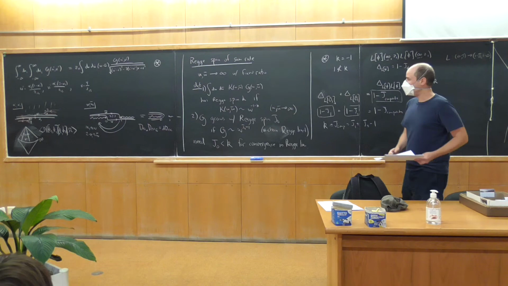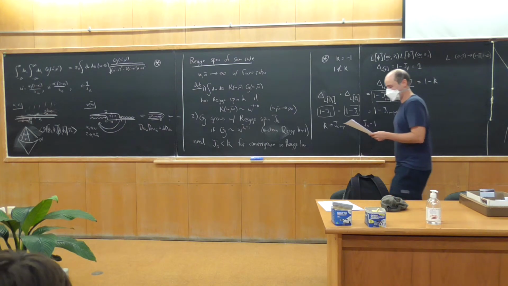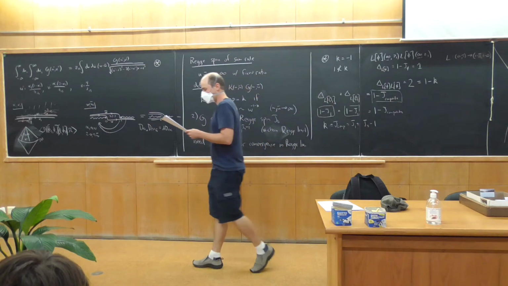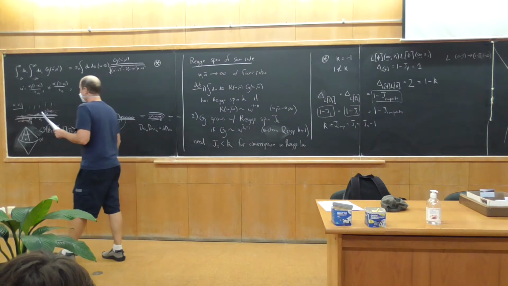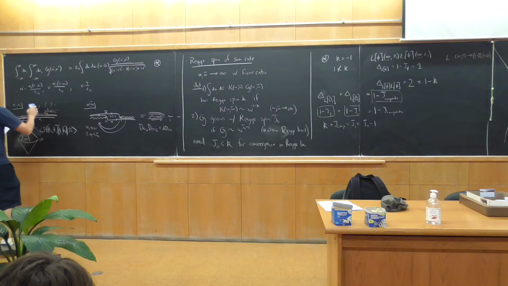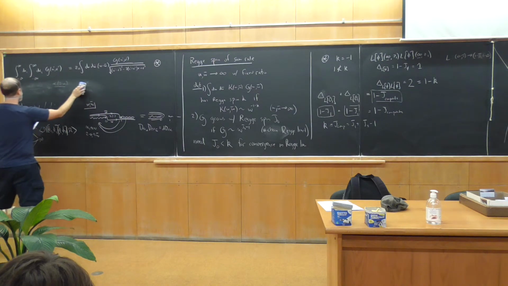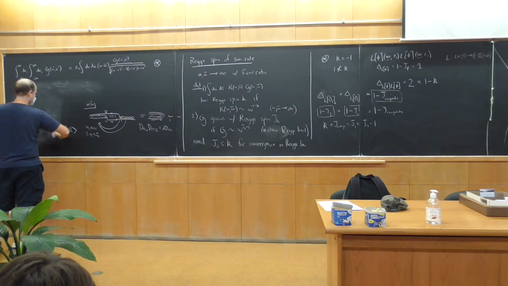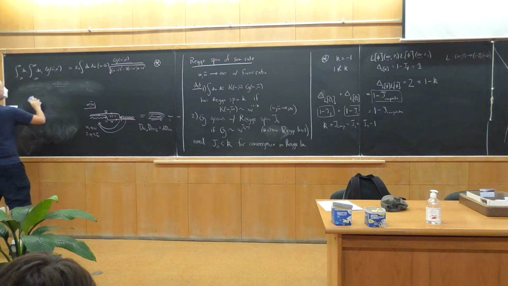Okay, so we need to fix this. Our sum rule isn't good in this regime, so the way to fix it is to modify the kernel. We want to multiply by something that suppresses the behavior in the Regge limit.